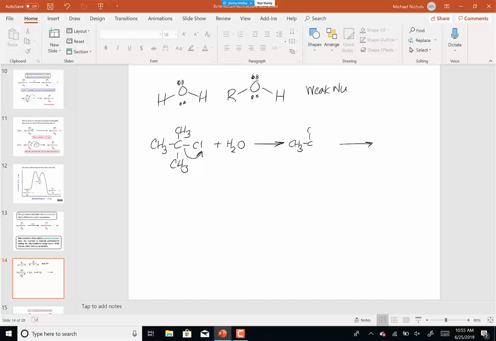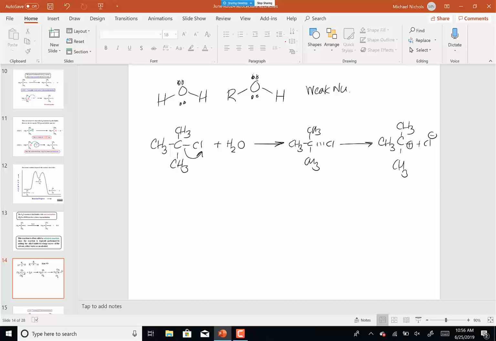What's the transition state going to look like? Well, first thing is what's the product going to be? I'm going to get a C plus and a Cl minus. The transition state's going to look like what? A dotted line to the Cl.